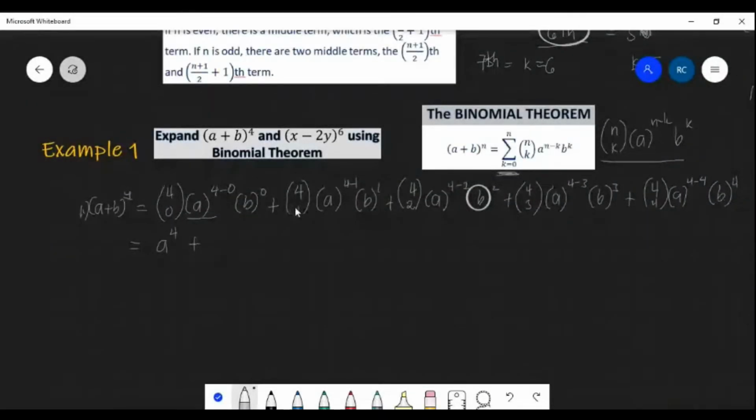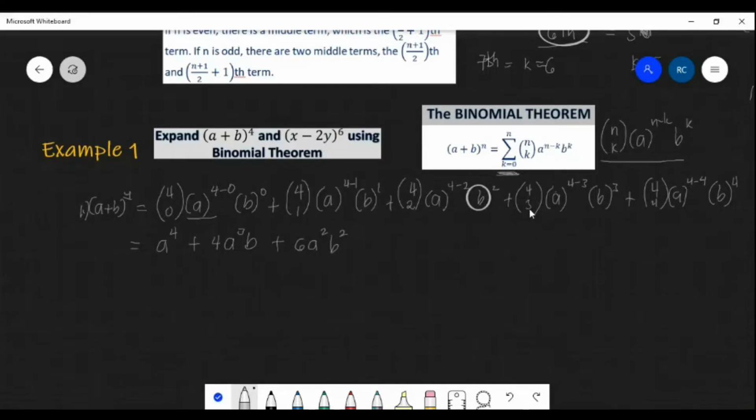So 1 yung ating r, so automatic ito ay 4. So ito ay a raised to 3 b. Plus, can you press on your calculator 4 combined 2? Ilan? 6. Okay, very good. 6 is a raised to 2, b square.